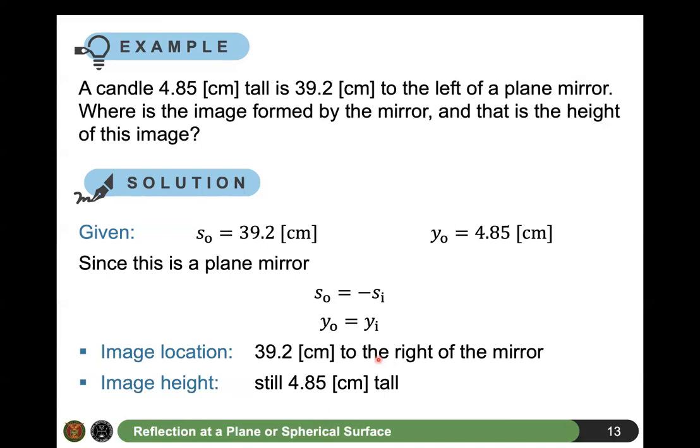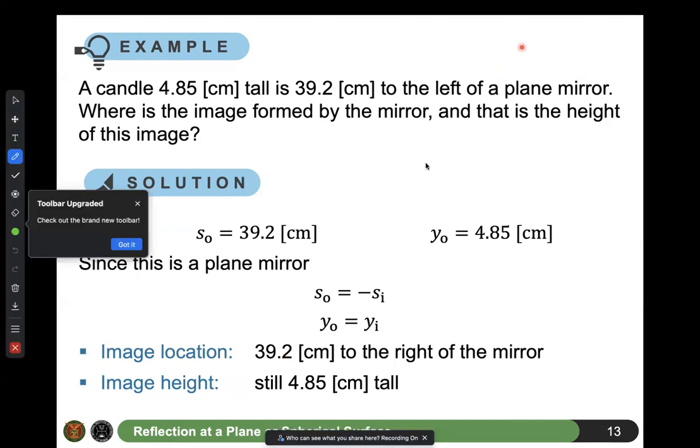Okay? So pagdating dito, if we plug in yung 39.2, negative yung makuha natin. Okay? So meaning, sa equations, negative yung ginagamit natin na S_i. Okay? But pag isusulat natin, pag ire-report natin yung image location, kung negative yung nakuha nating S_i, that means siya ay formed on the other side of the outgoing mirror.